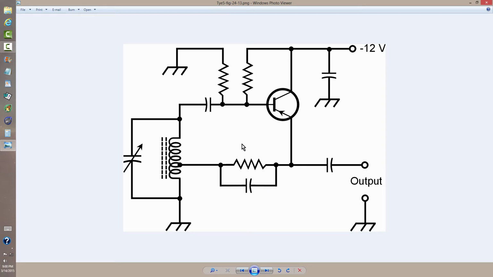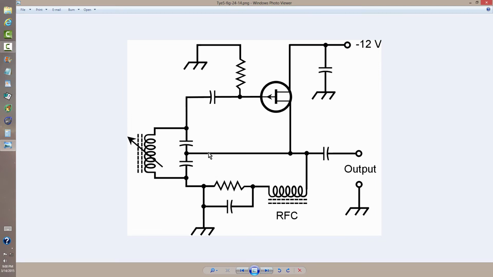Here, it is a PNP bipolar transistor that we're looking at. That's why you have the negative power supply voltage. But you can recognize a Hartley oscillator by the tapped coil in the tank circuit, which you tune to determine the frequency of oscillation.